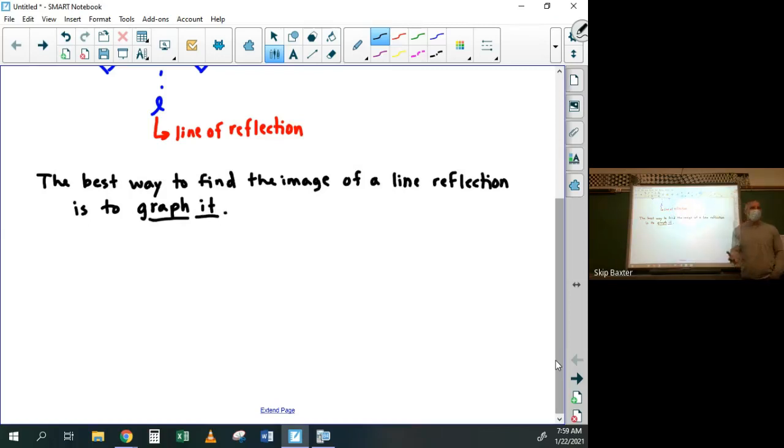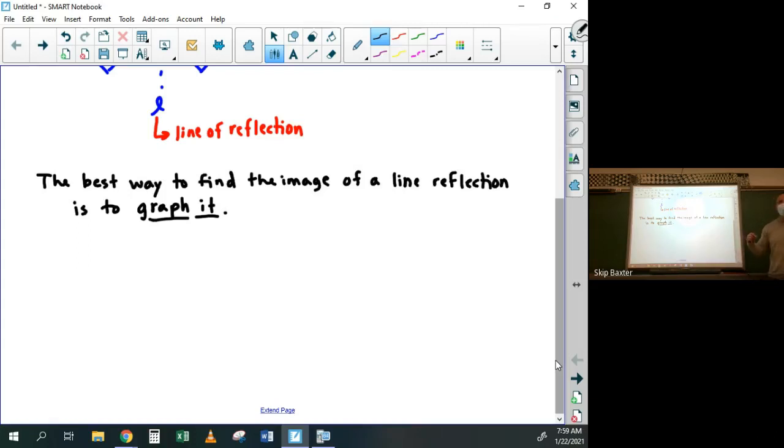I wouldn't have necessarily said that about translations. You can find the image under a translation by graphing it, but I think it's almost easier to do it just by adding or subtracting from the coordinates, right? It's just an easier process. But with line reflections, there are formulas you could memorize, like, what do you do if you reflect over the x-axis?